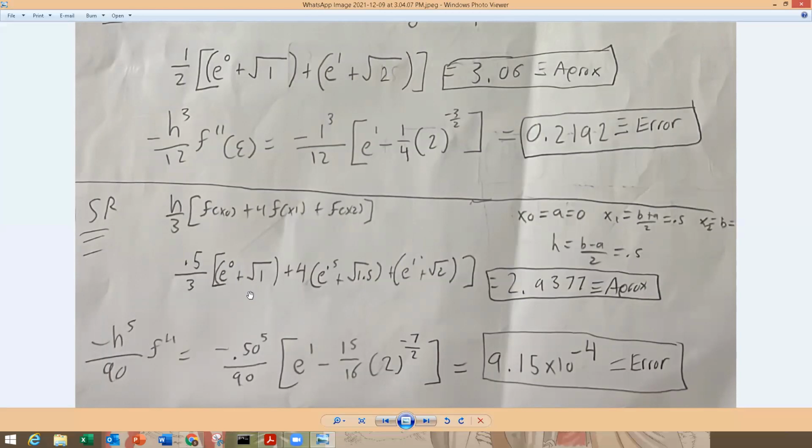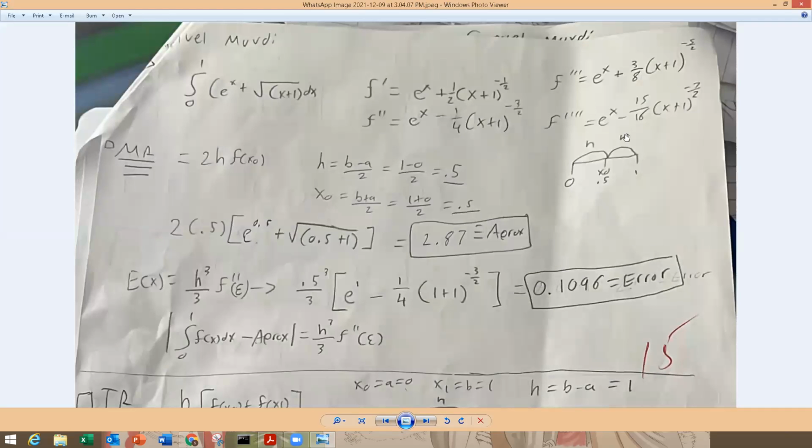So what we do here is we plug in h, 0.5 over 3, plug in 0 for our formula, then plus 4 of x1, then we plug in x1, then plus x2, we plug in x2 here. This is our approximation. And Simpson's rule for the error, from what I remember, he said it's the one with the smallest error. So you take the error, which is negative h to the 5th over 90 times the 4th derivative.